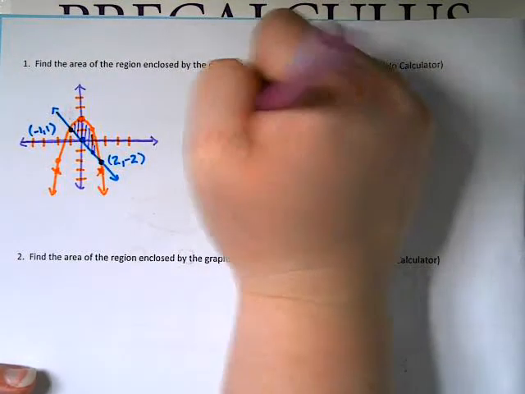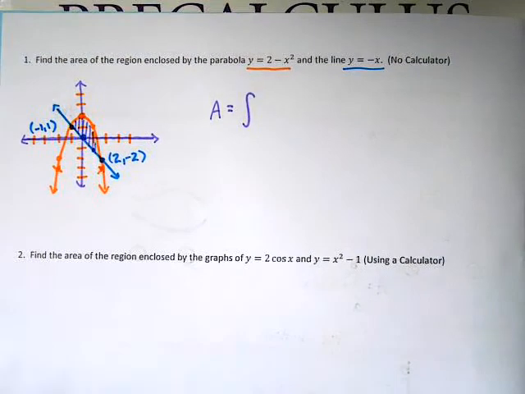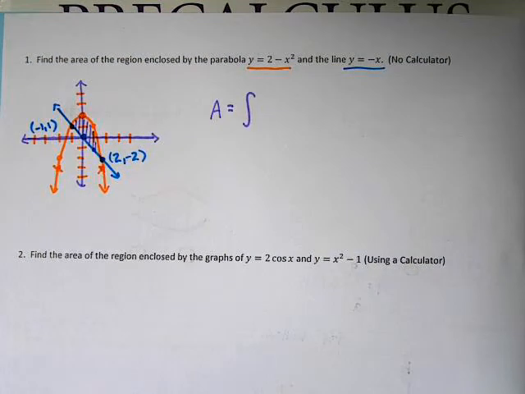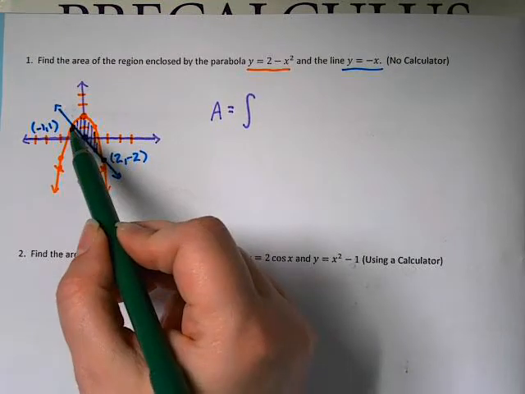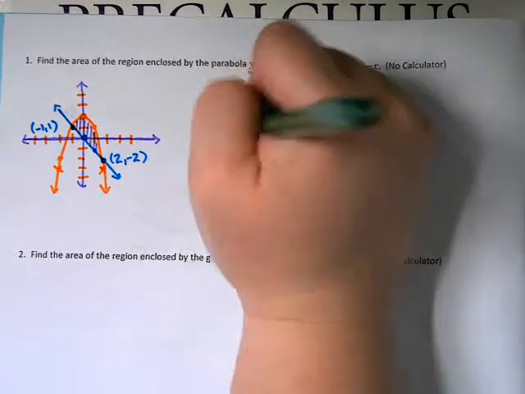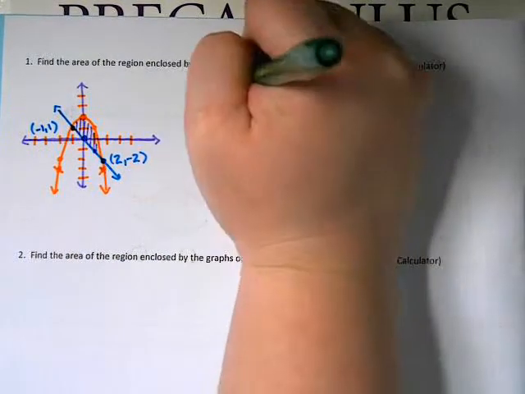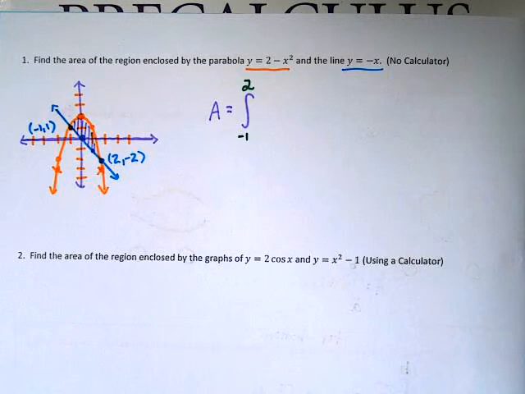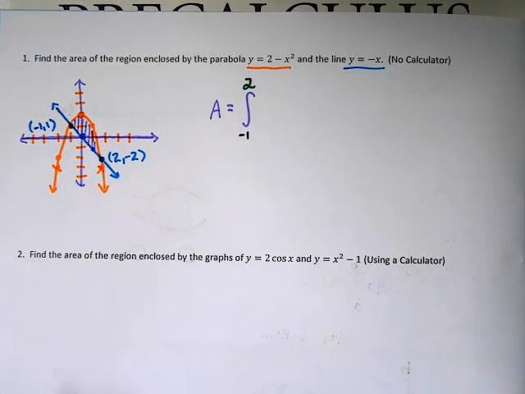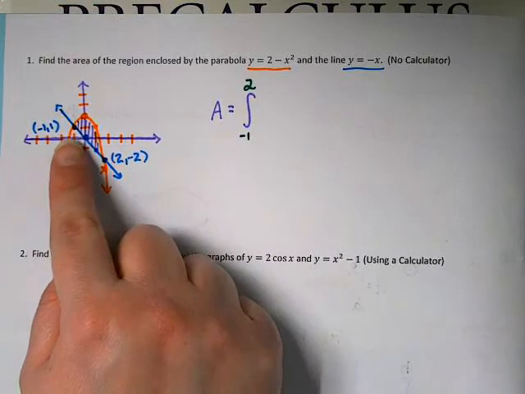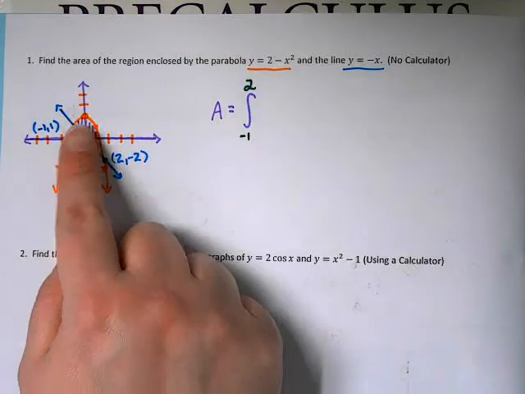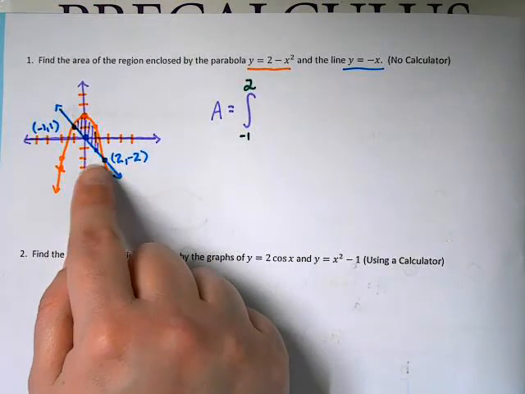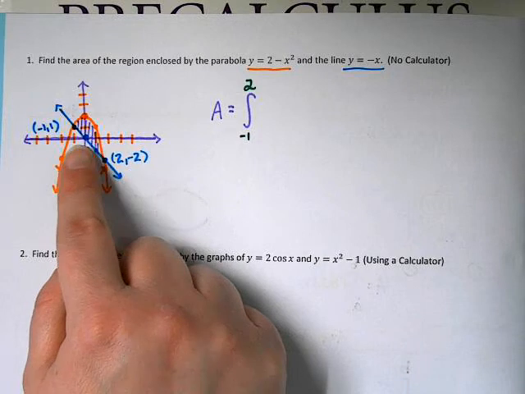So if we want to find that area, we know it's going to be an integral and we need our bounds. So we know that they intersect at negative 1 and then again at 2. So I'm going to go from negative 1 to positive 2. But I have to figure out which function is on top and which function is on the bottom. So when we look at this graph, we can clearly see that this orange curve, the parabola, is on top the entire time.